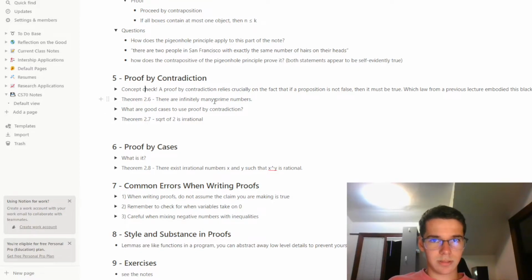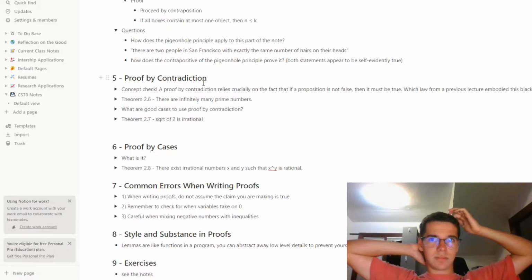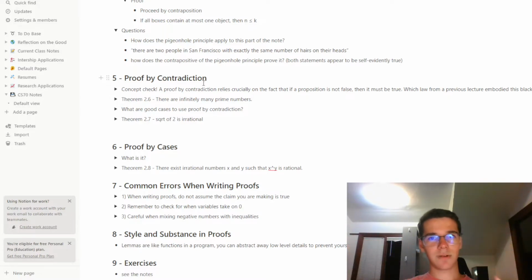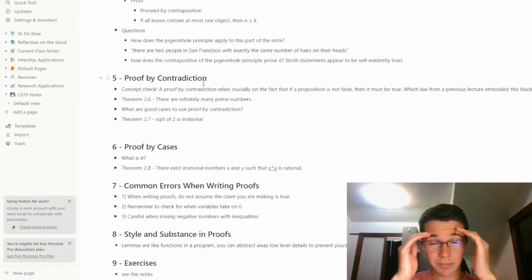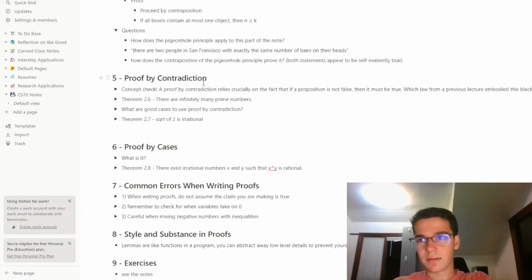Essentially, we're going to take our statement and take the converse of it, or assume that it's false. And we're going to try to prove the false version of it, right?